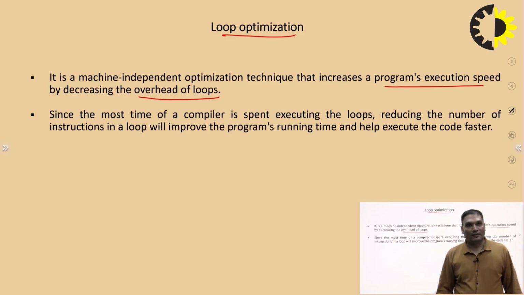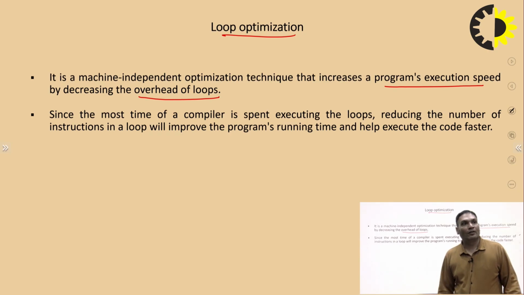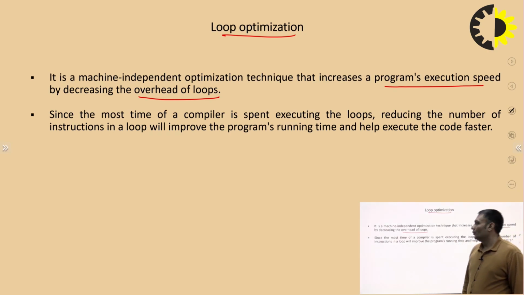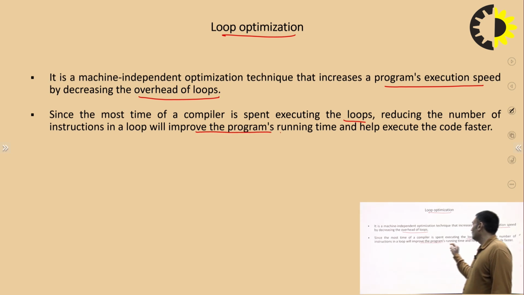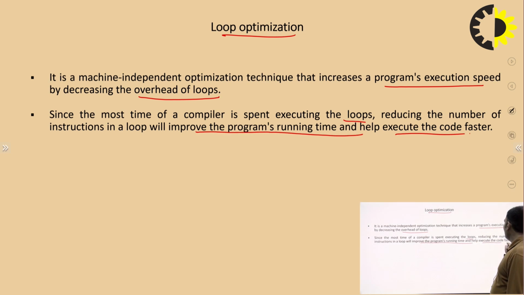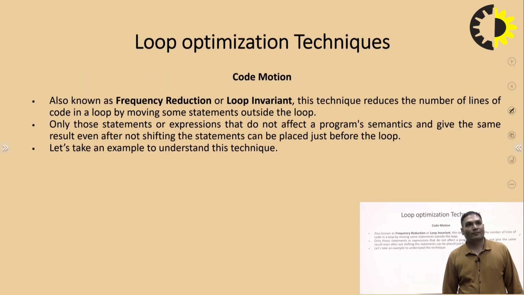So we are changing inside the loop just to reduce the overhead of the loop. Since the compiler spends most of the time during the execution of the loop, reducing the number of instructions inside the loop will improve the program running time, and it will help to execute the program faster.